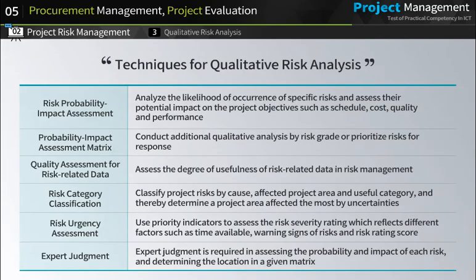The following are the techniques used for qualitative risk analysis. The most frequently used technique among them is risk probability impact assessment. This technique analyzes the likelihood of occurrence of specific risks and assesses their potential impact on the project objectives, such as schedule, cost, quality, and performance.